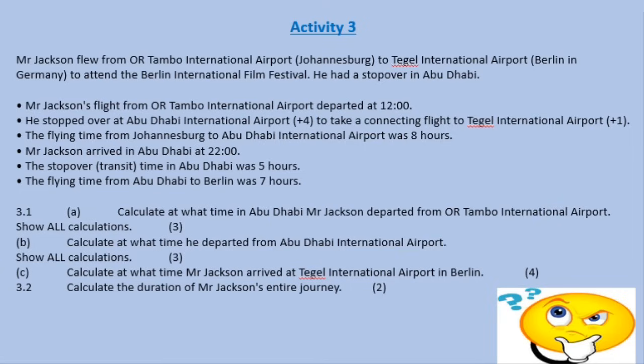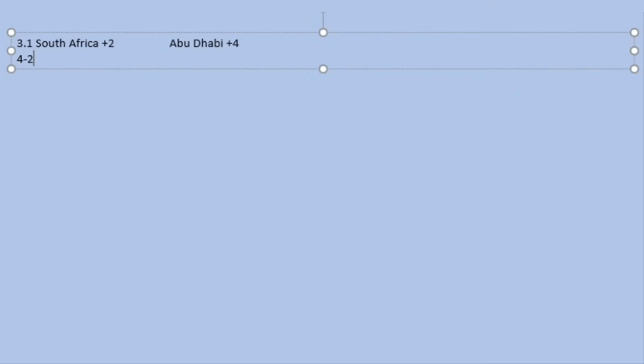Show all calculations. So the first thing is we need to locate these two countries on the map. So OR Tambo is in South Africa, which is a +2, and Abu Dhabi is a +4. So we would say 4 minus 2 because the symbols are the same. Then we get 2 hours.